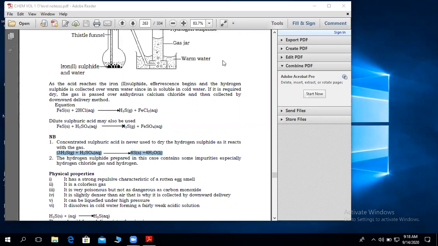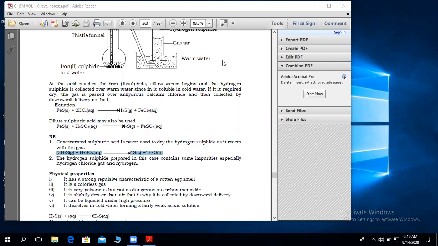Please listen to me. What do we learn from this? The raw materials which are used to prepare hydrogen sulfide gas are iron 2 sulfide and dilute hydrochloric acid, or dilute sulfuric acid. Where do we get iron 2 sulfide, which is reacted with hydrochloric acid to form hydrogen sulfide gas?